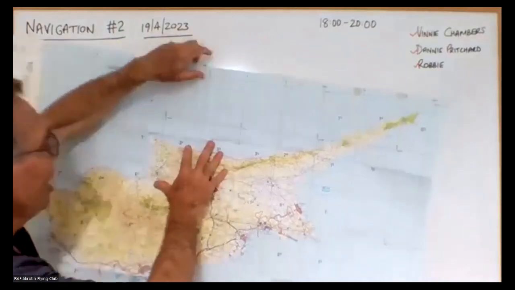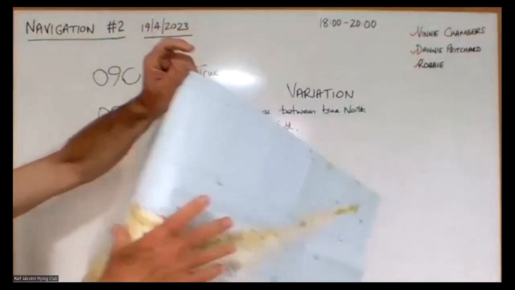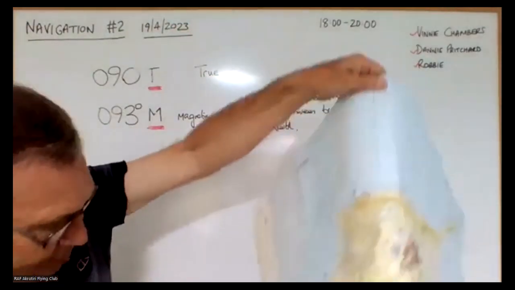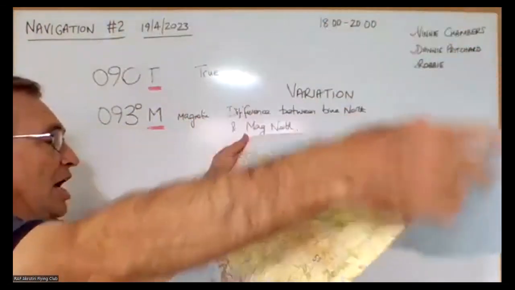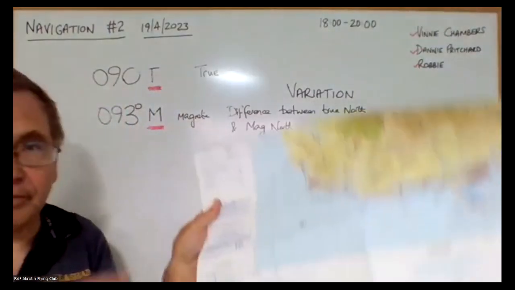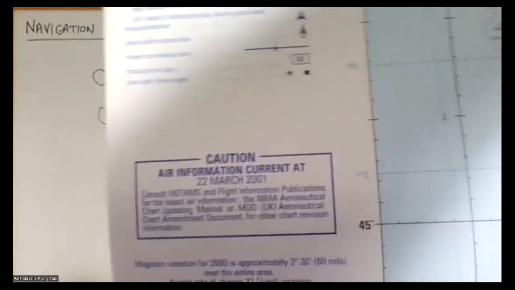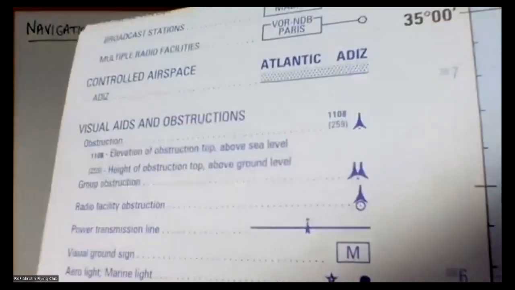Yep. So how do we find out what the variation is on a Cyprus chart? Well, what you have to do is you look at the chart and, okay, can you read what it says there?